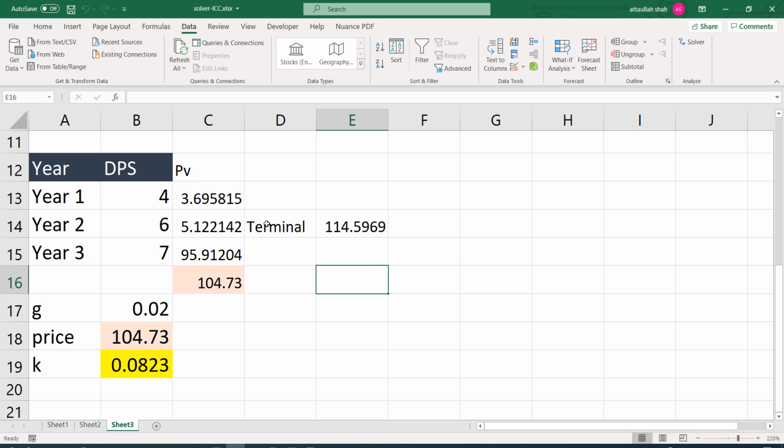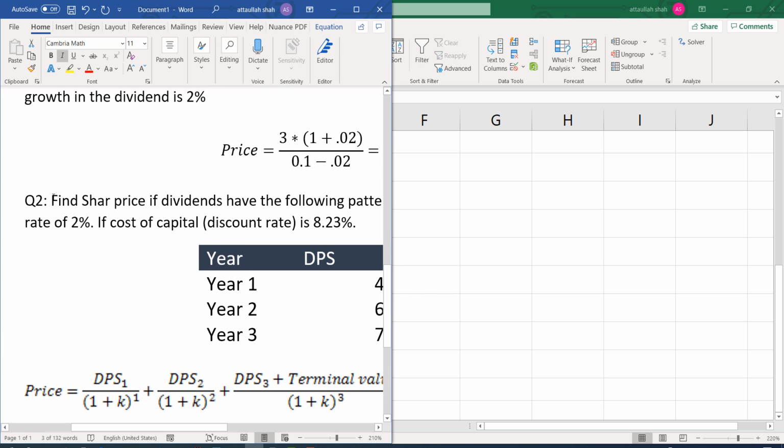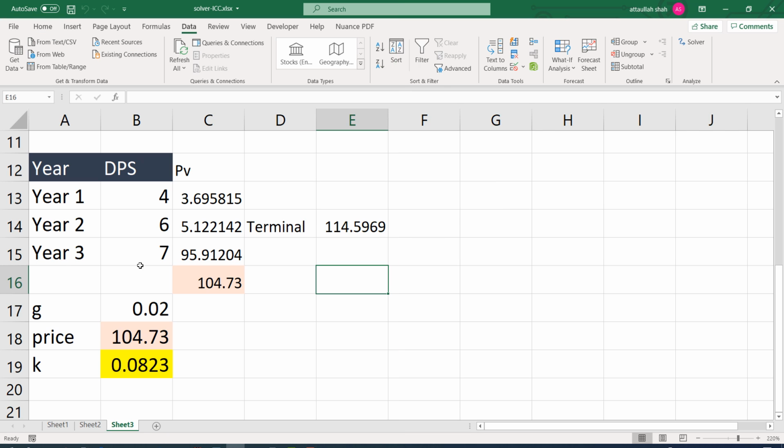So let me quickly summarize. So in this question, if we were to write this question, how would we write it? So in this question we assumed that we have a share price of 104.73, and we have dividends for 3 years, 4, 6 and 7, and the growth rate is 2%.